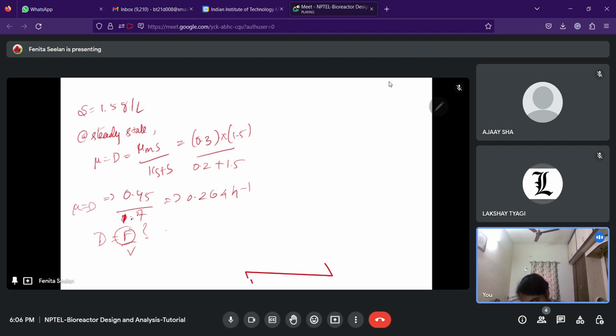So D we know, which is 0.264 per hour, equal to F divided by 60 meter cube. So 0.264 into 60 will give our F value, which is around 15.84 meter cube per hour. This is your flow rate.